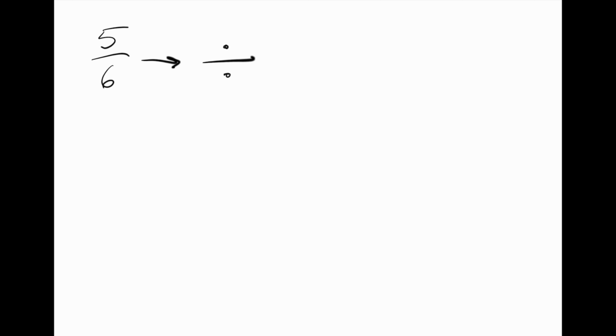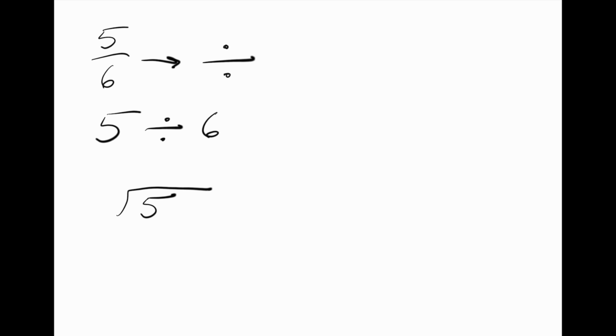Again, we know that 5/6 is a fraction, which means that it is a division problem, 5 divided by 6. When we create a long division problem, we put the numerator on the inside and the 6 on the outside. Now, what are our steps for long division?